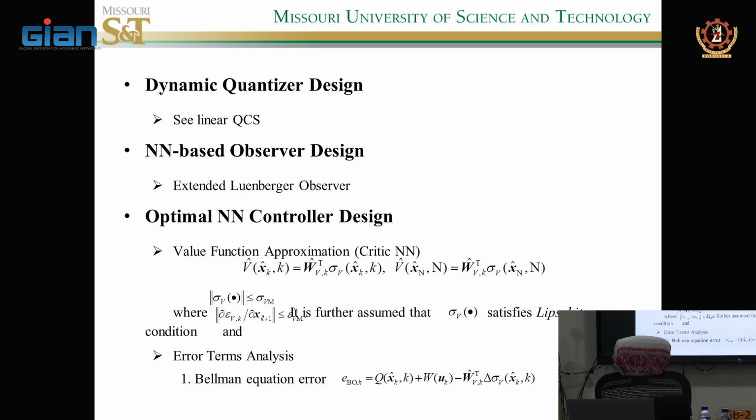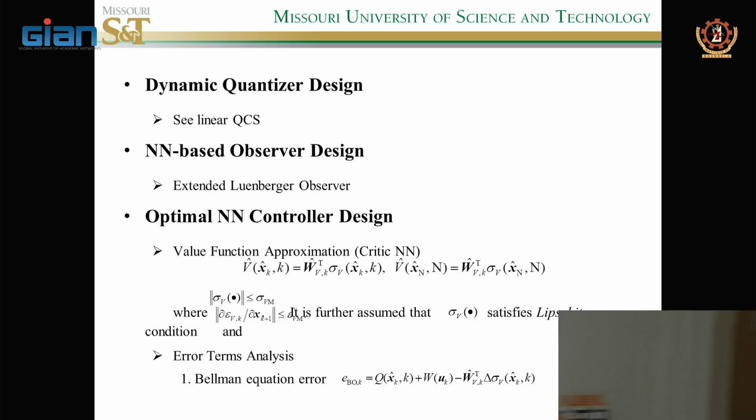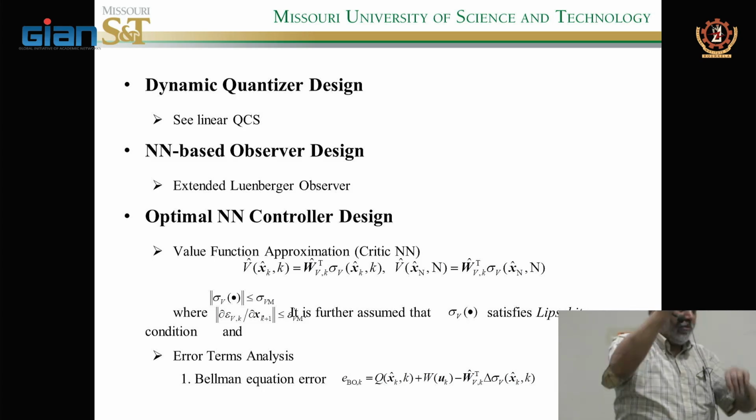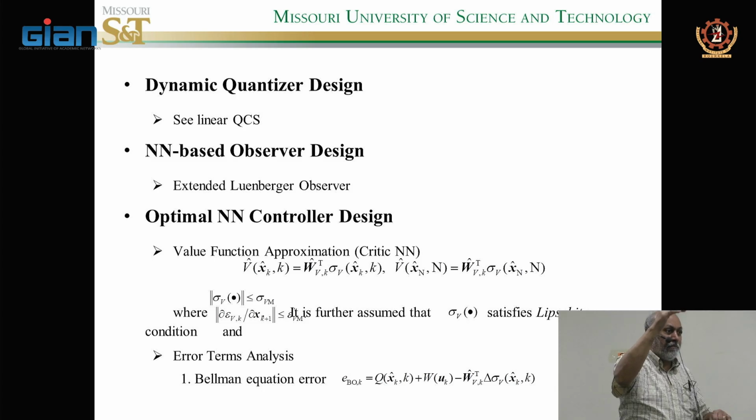Actually, there is a derivation, and that's what the paper I cited. He showed that in the derivation, it only shows up in the optimal control input. So it basically scales the optimal control input. And the purpose of the scaling is so that it will be within the actuator limits. You see what I'm saying? A very similar idea we are using in the dynamic quantizer by using the mu.